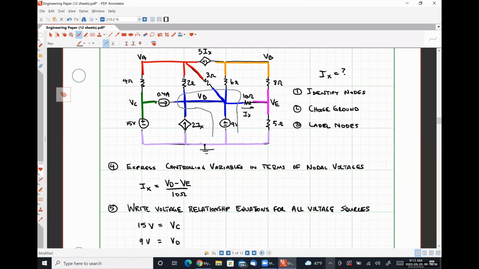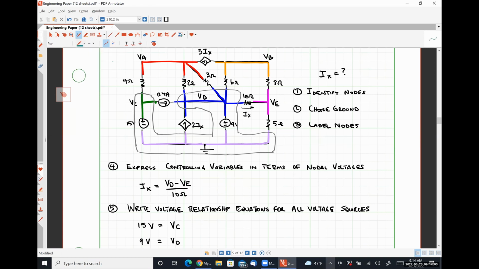So here's my super node between VD and ground. There's also a super node between VC and ground. Like so. So that's our super duper node.